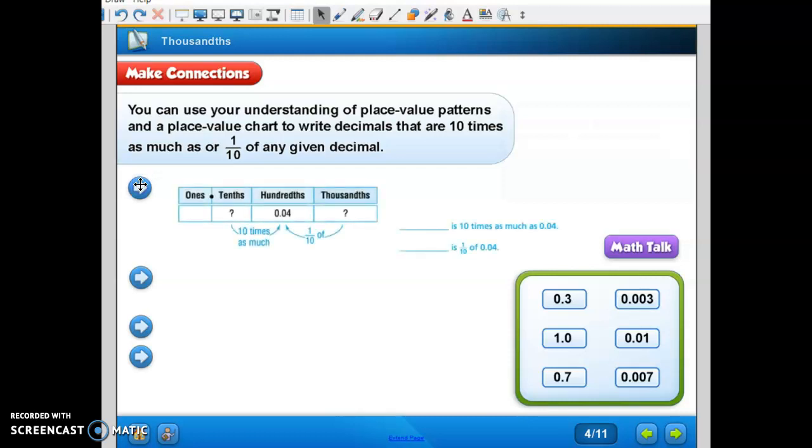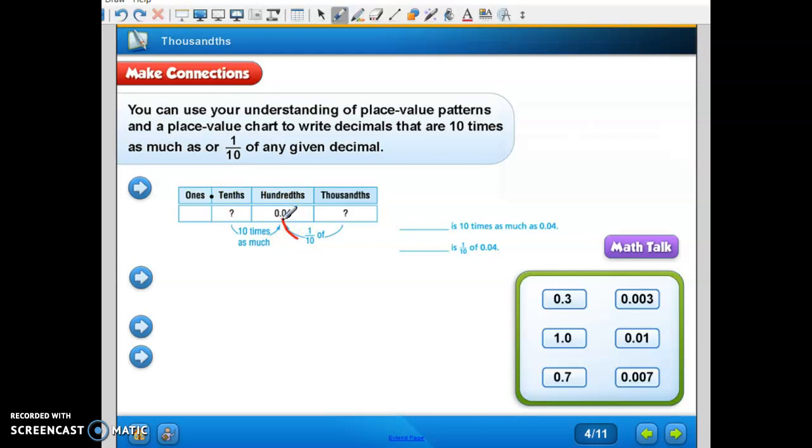Okay, so we have 4 hundredths. What would the tenths be? So 10 times as much as 4 hundredths is what? 4/10. Okay, they're telling you this number here is 10 times as much as 4 hundredths, and then the number on the right, the thousandths number, is 1/10 of 4 hundredths.